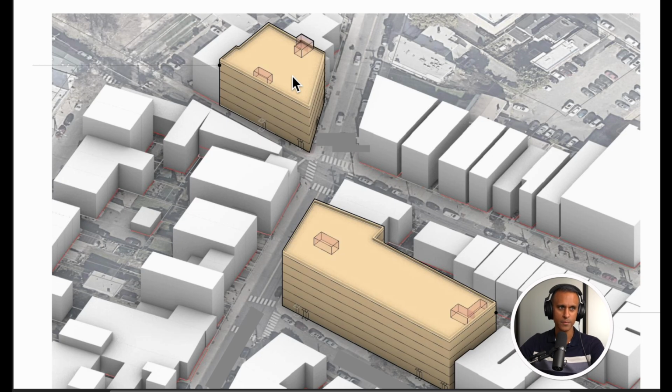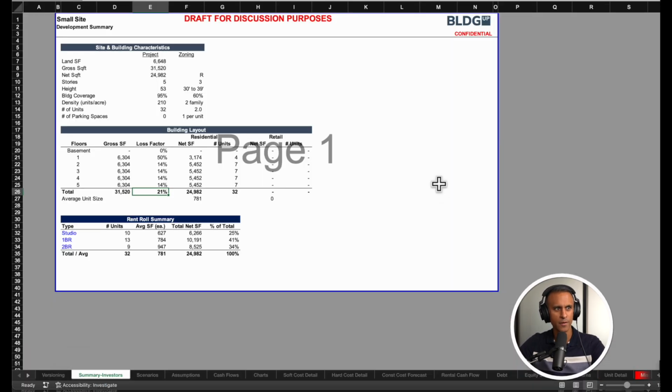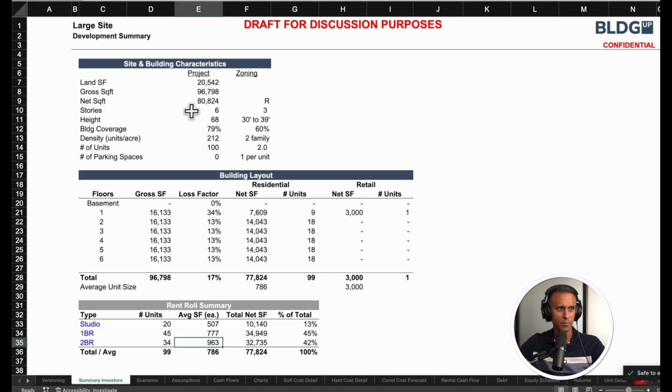I think the total gross square footage here was like 30,000. This one was more than double. I forget the exact number, but it was a lot larger. Yeah, the smaller one was 31,000 buildable square feet. The bigger one was almost 100,000, so 3 times bigger.